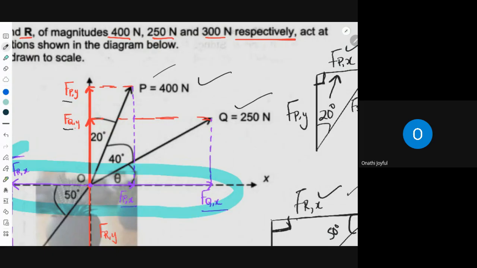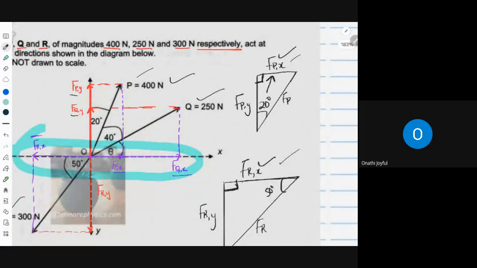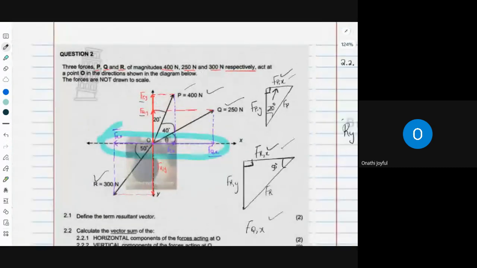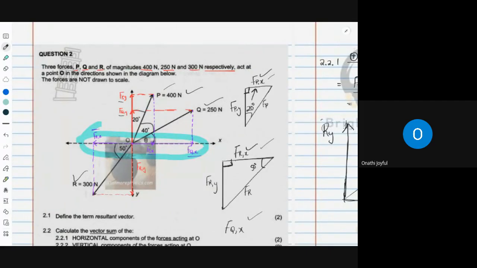So it is not easy to just add these vectors without first breaking them down into their components, especially if this is not at equilibrium. If it was at equilibrium, then it's a separate issue. That's why we always first break them down so that they are in the same axis, and then we add them together. Then from there, we can find the resultant vector. I said a mouthful there, but you get the idea.